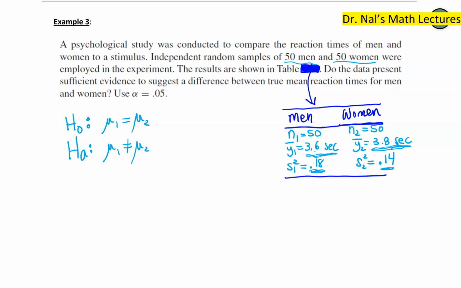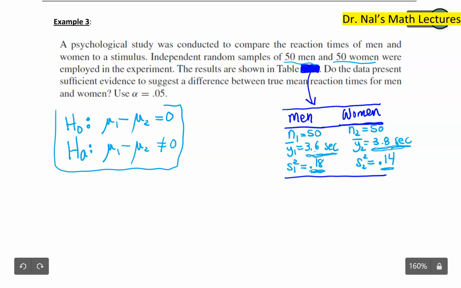Usually, instead of writing it like this, we prefer to move the mu2 to the left-hand side. So that's the same thing as this. And similarly, move the mu2 to the left-hand side. That's not equal to 0. So that is the form that we prefer to use. But now we are testing a difference of two samples.